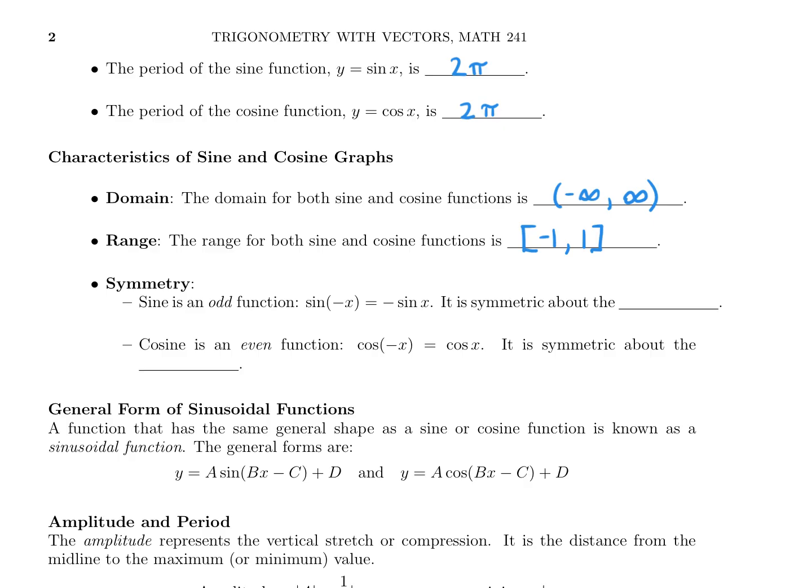Symmetry. Sine is called an odd function because it's got the feature such that when you take the sine of a negative angle, that's going to equal the negative of the sine of the positive angle. So that means that when you have an odd function, you're going to have symmetry about the origin.